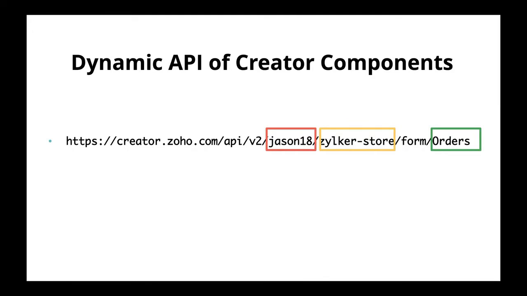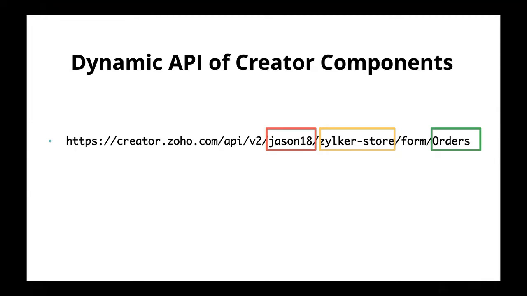And similarly, whatever component you are creating in Zoho Creator has its own dynamic REST API endpoint associated with it. For example, this is the URL of a particular form. Here you can see https://creator.zoho.com/API/v2.